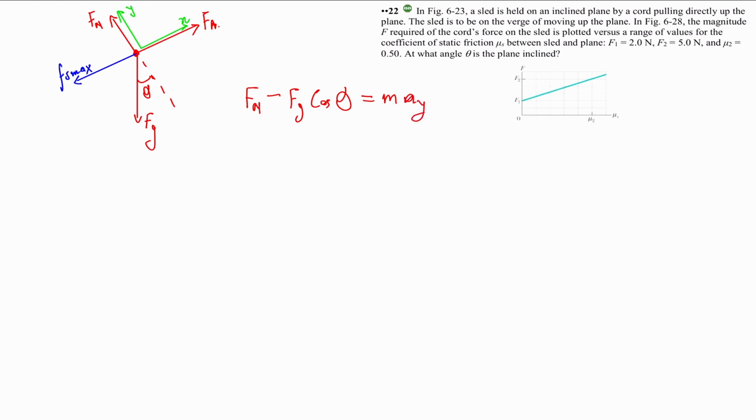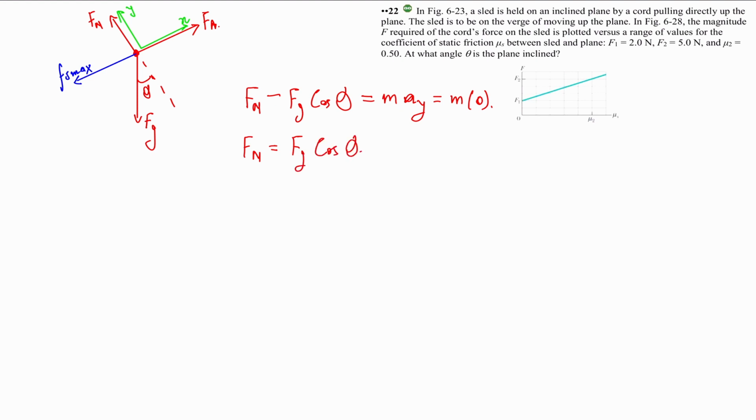But notice, we are not interested in having the sled lift off the surface. We don't want the sled to fly off the surface. Neither do we want it to dig and excavate the ground. So what can we say about our acceleration in the y direction? That has to be 0. This enables us to find that the normal force is equal to Fg cosine of theta.